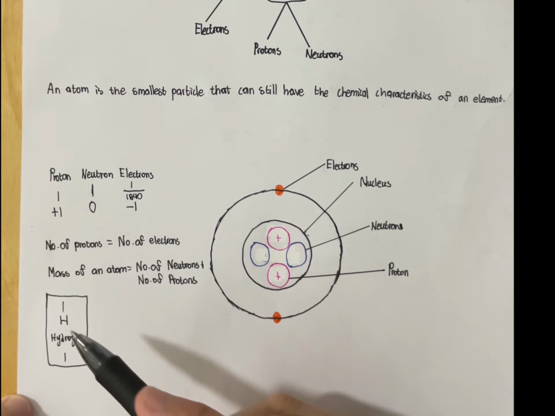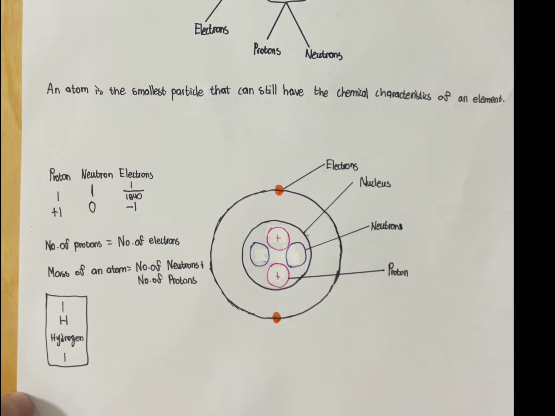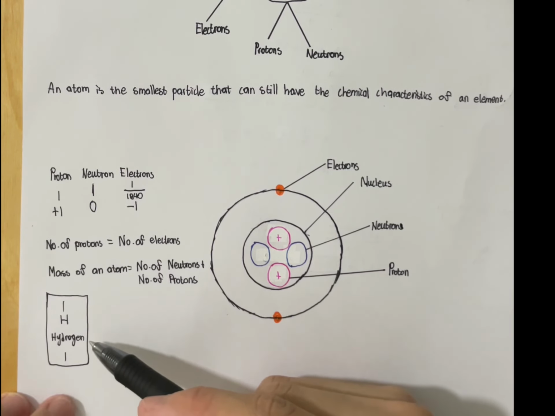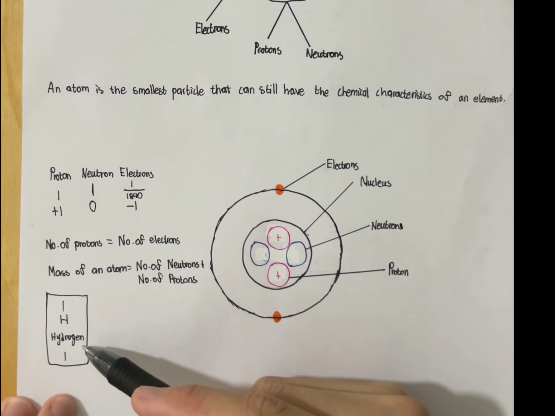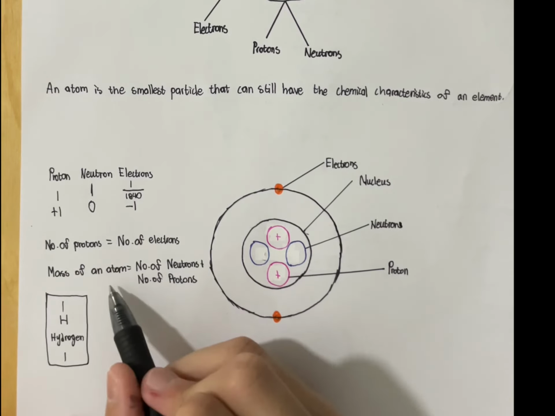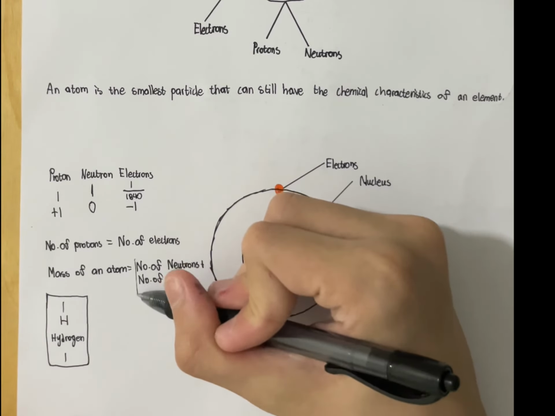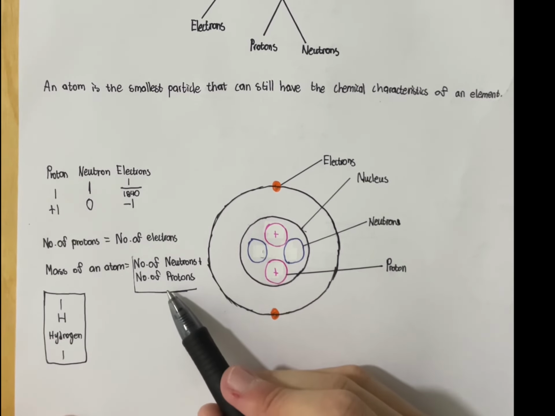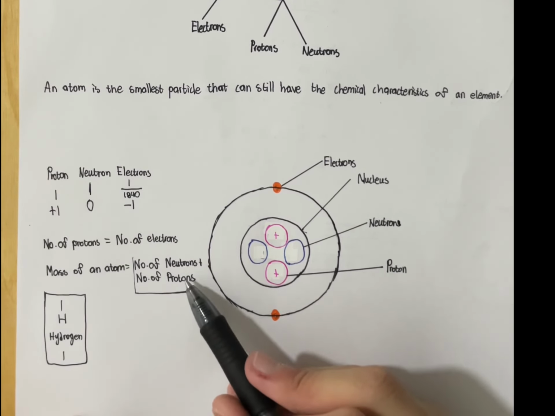In hydrogen's case, it's just 1. H is the chemical symbol of hydrogen. The bottom is its relative atomic mass, which is just the number of neutrons plus the number of protons.